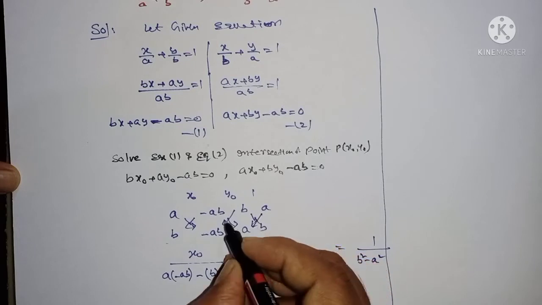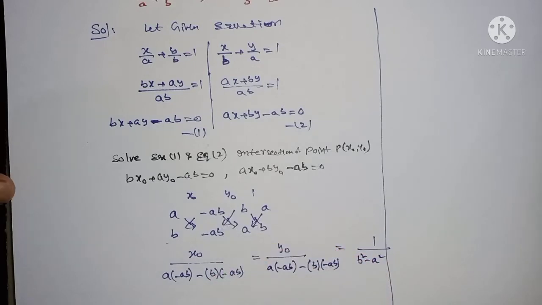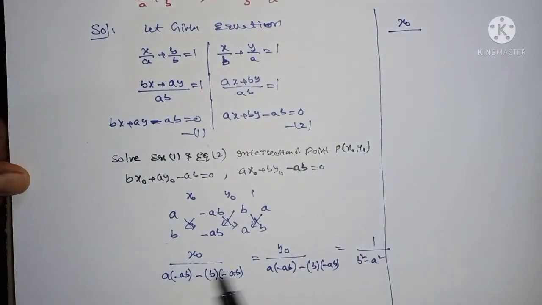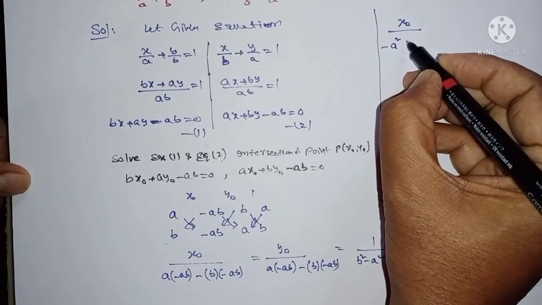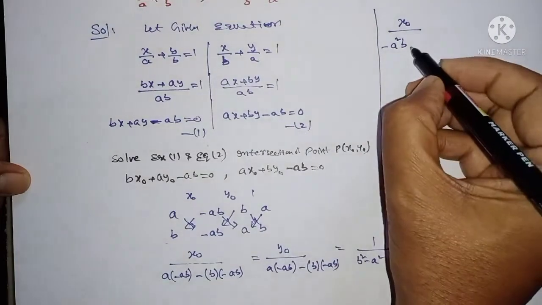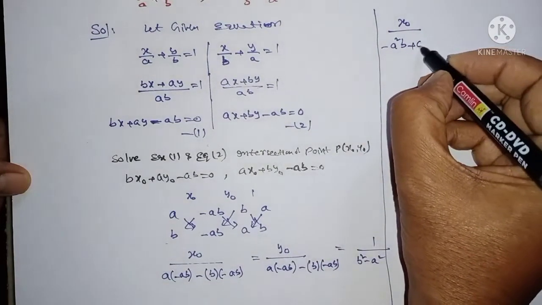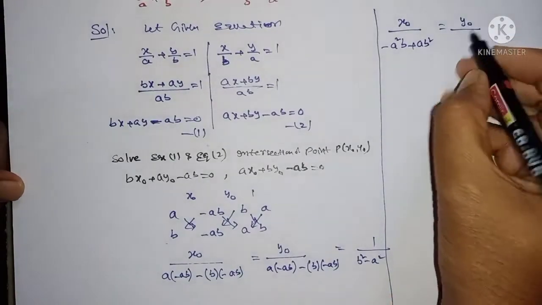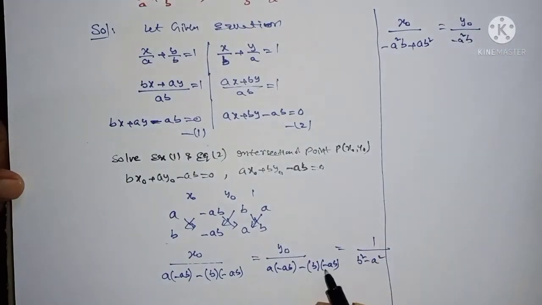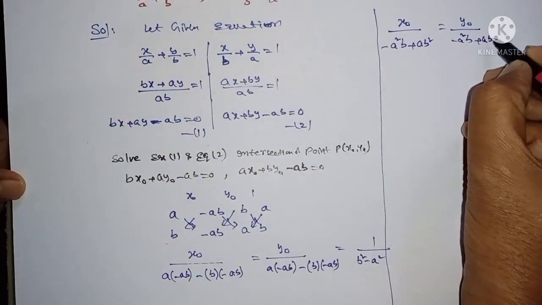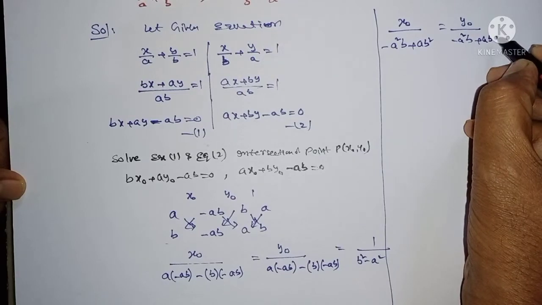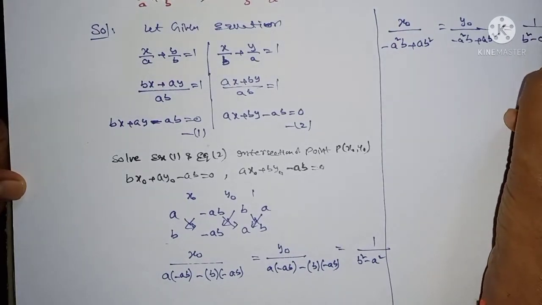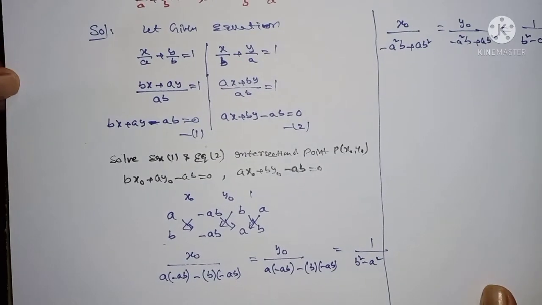The simplification is, observe here, x naught by -a square b plus a b square, equal to y naught by, here also -a square b plus a b square, equal to 1 by b square minus a square. You got b square minus a square here.